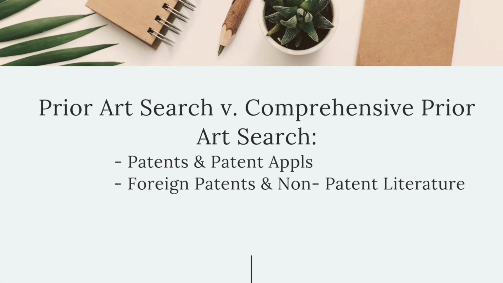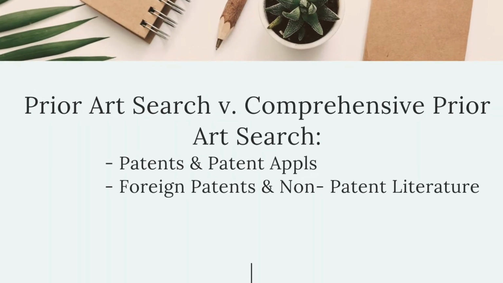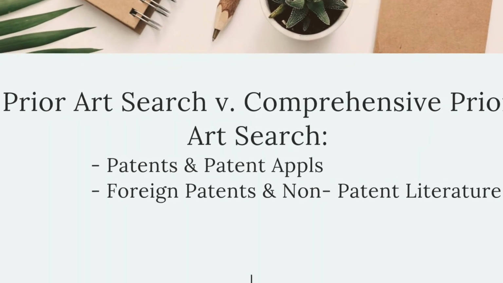Now, first I wanted to discuss the distinctions between a federal patent search and a comprehensive patent search. A federal patent search merely includes those published patent applications that are close or relevant to your innovative concept.